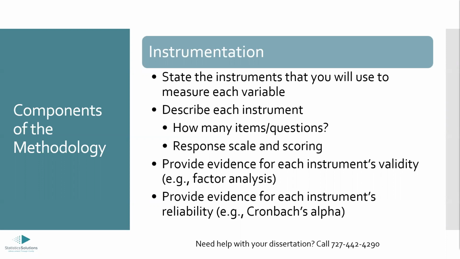And you can usually find this information in the article that explains the development of the instrument. So the original article where the instrument was first created and described is where you typically find the information for how the validity and reliability was established.